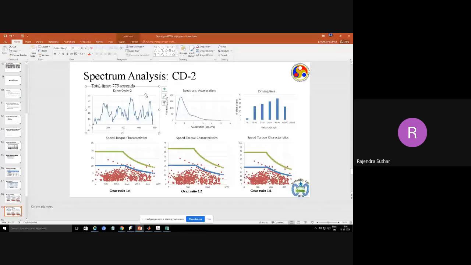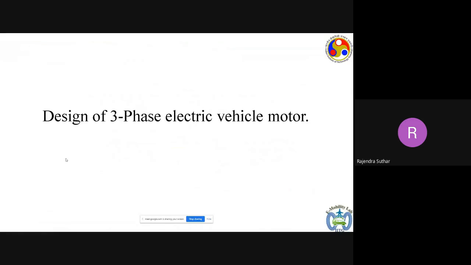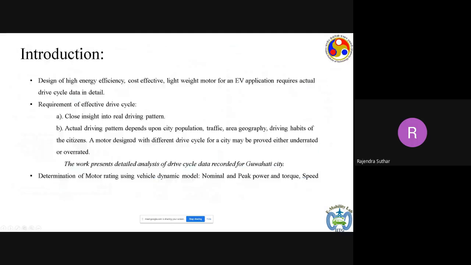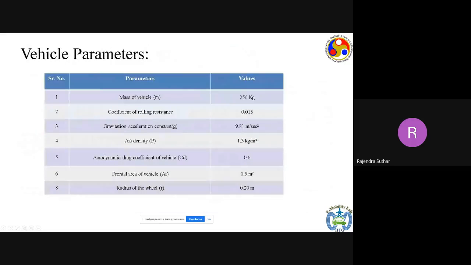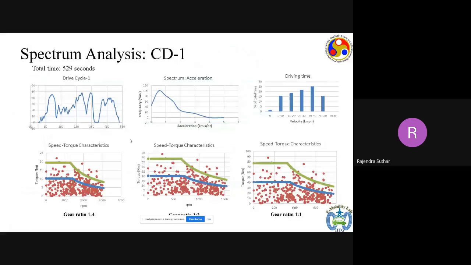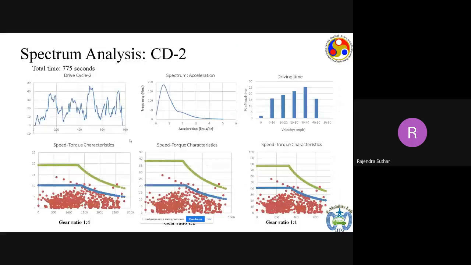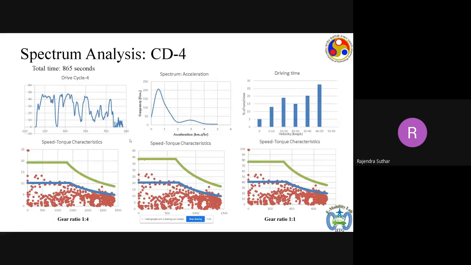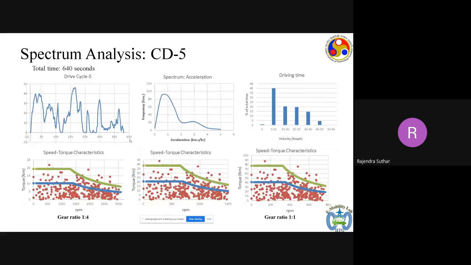Similarly, this was drive cycle number 2. Then this is candidate drive cycle number 3, CD4, and this is CD5.